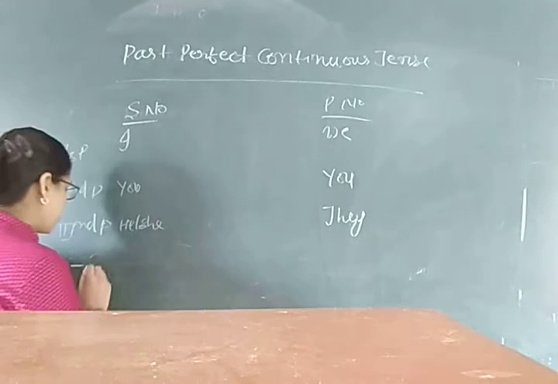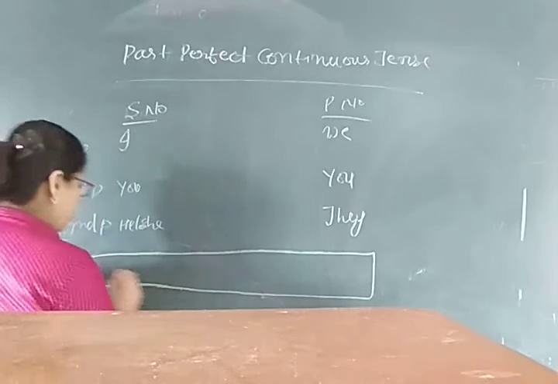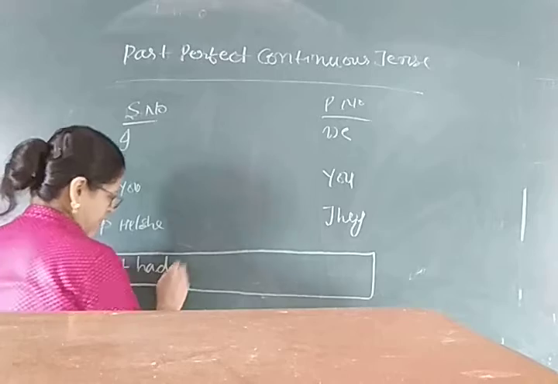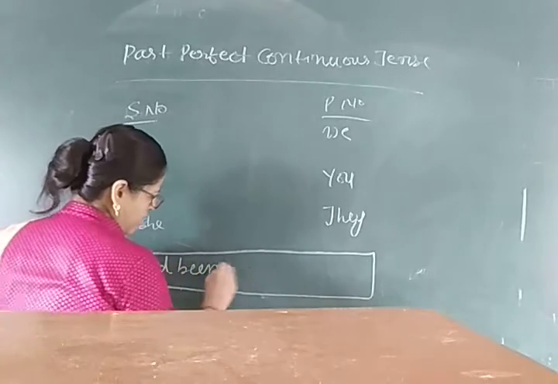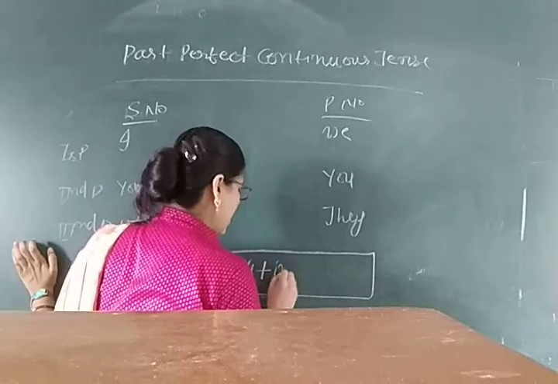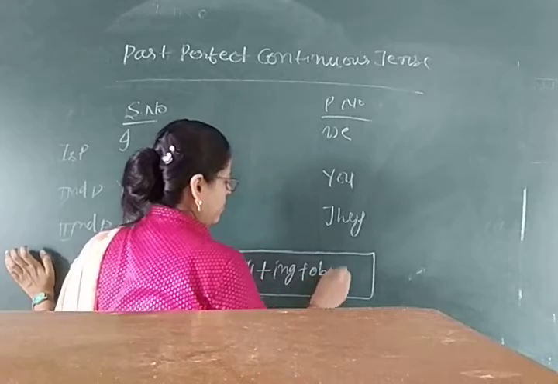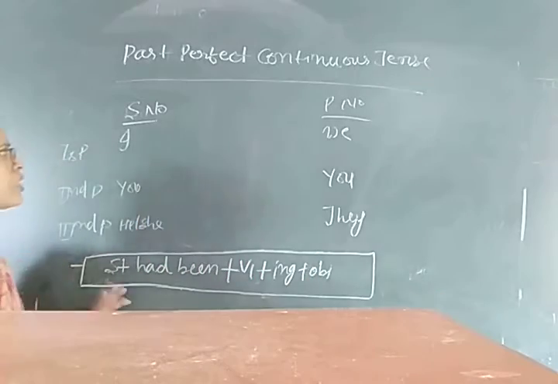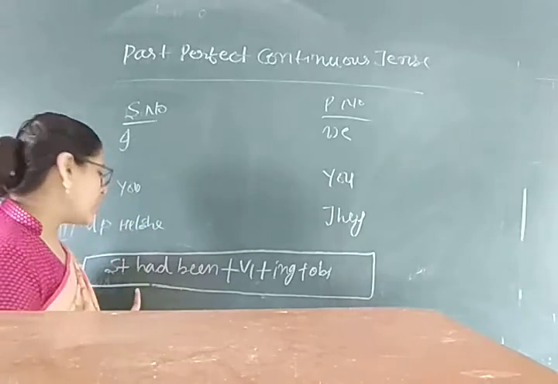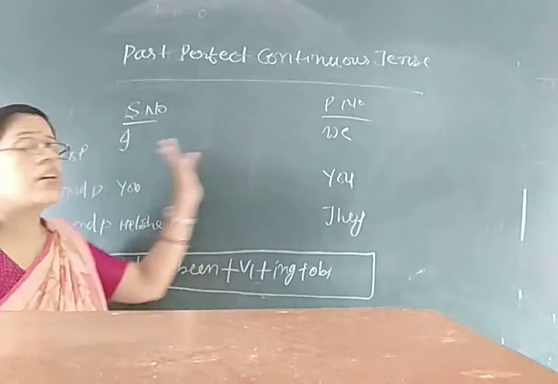You can see here the structure: Subject plus had been plus B1 plus ing plus. This is the structure of what? Past perfect continuous tense.